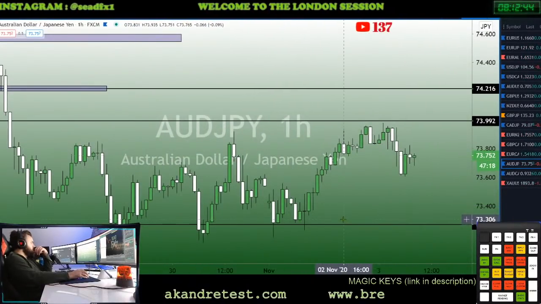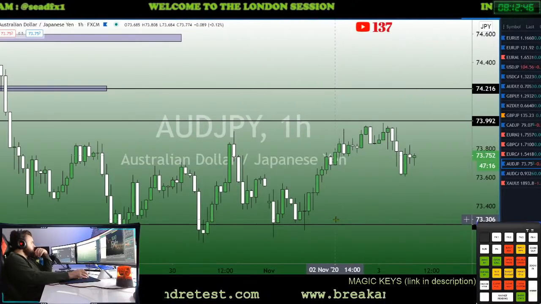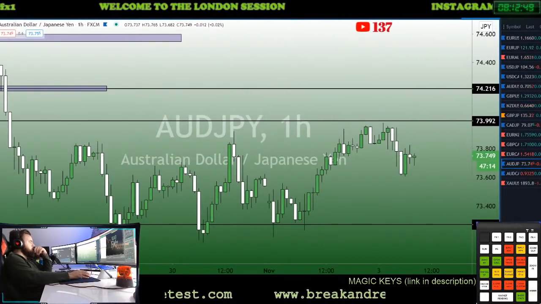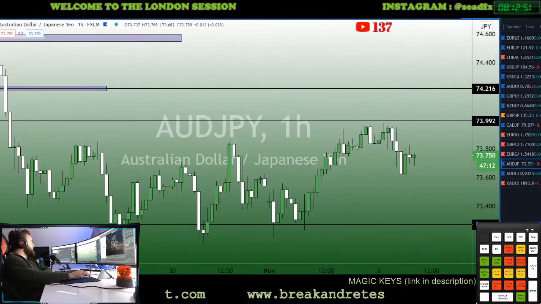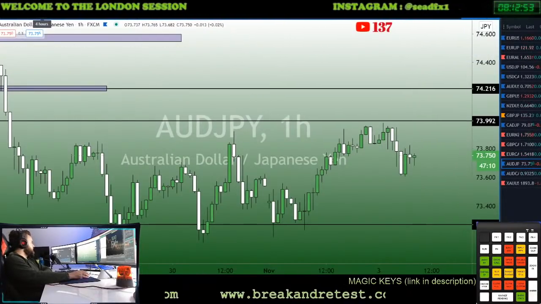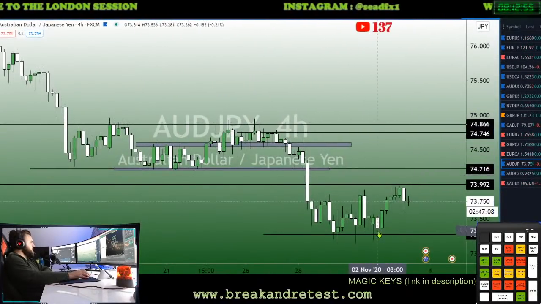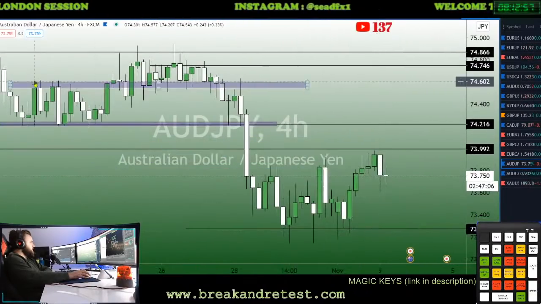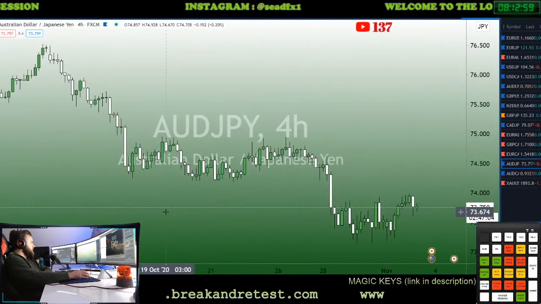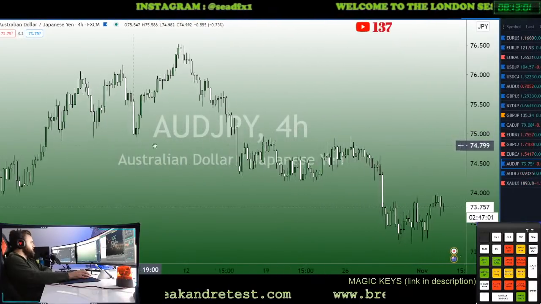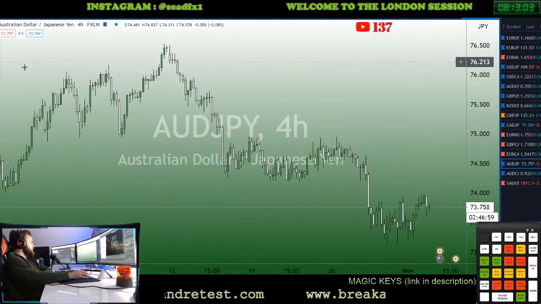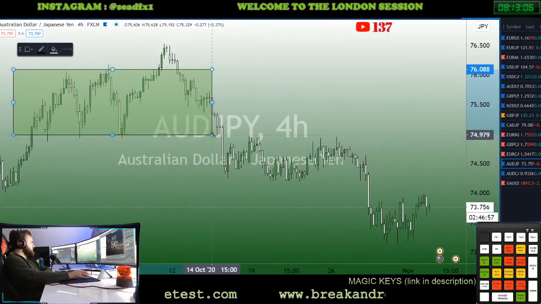AUD/JPY is so slow. Every time I look, it consolidates for days, then finally it breaks after a few days. But every time, so much consolidation. Look at all this consolidation.